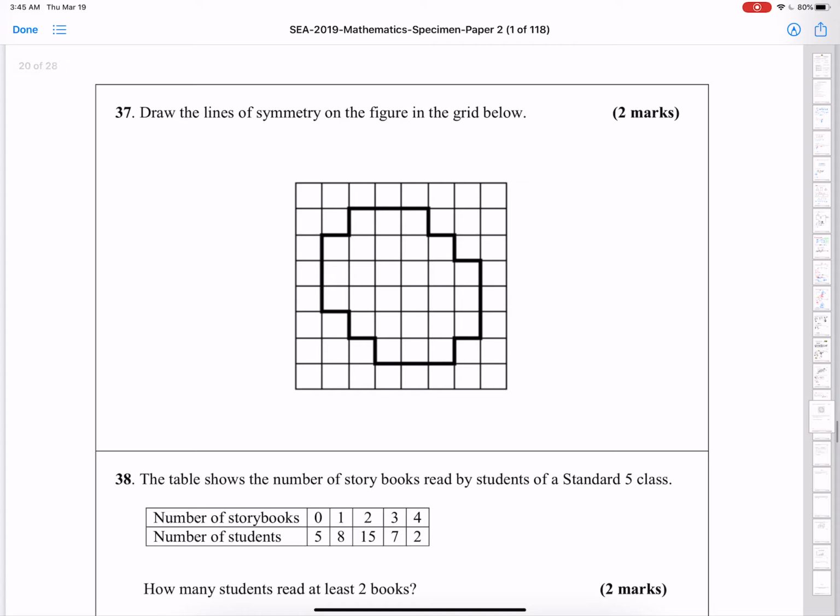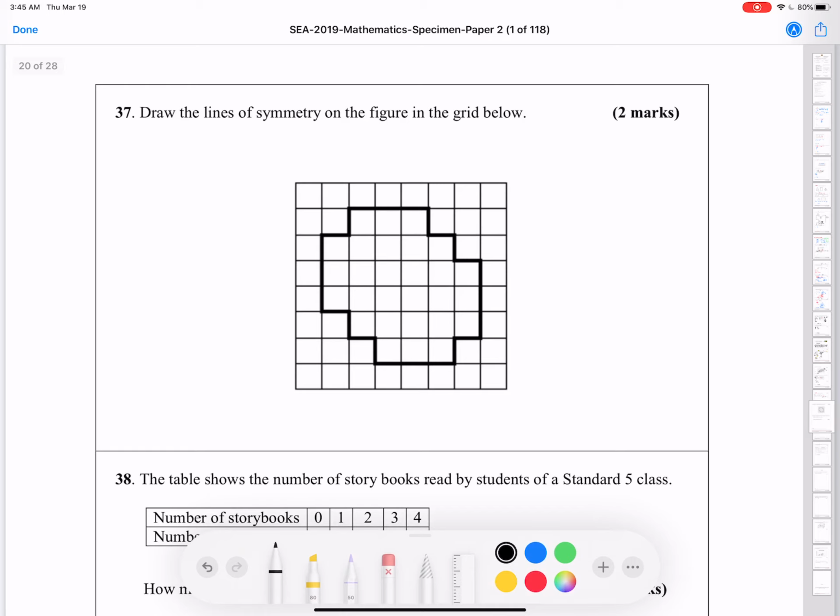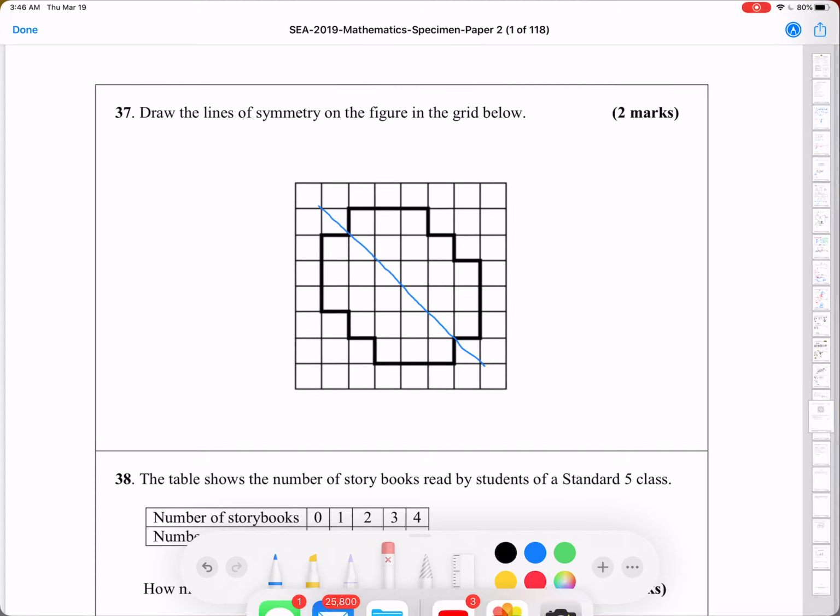Draw the lines of symmetry in the figure, in the grid below. That would be a line of symmetry. Did I go wrong? I went wrong just now. Would this be one? Would this be one?